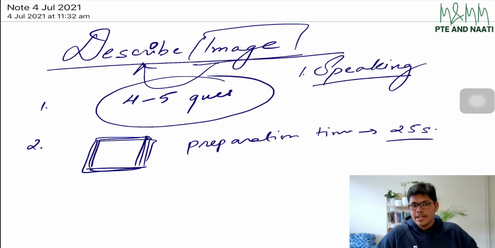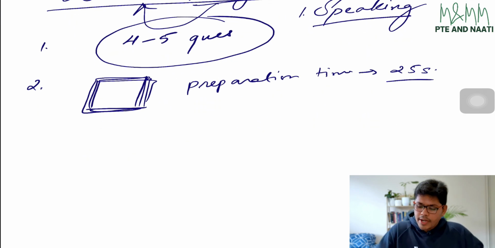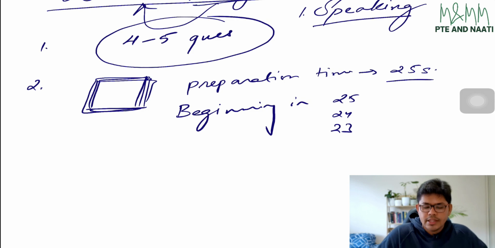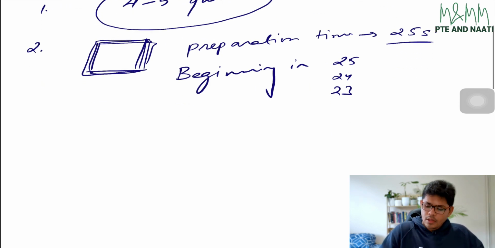You have to utilize that time, and if you have to utilize it, why not do it in the most efficient way? After the preparation, how do we know that the preparation time is going on? You will see on the screen, it says beginning in 25, 24, 23. That's how you know how many seconds you have to prepare the image. You can see that clearly on your computer screen.